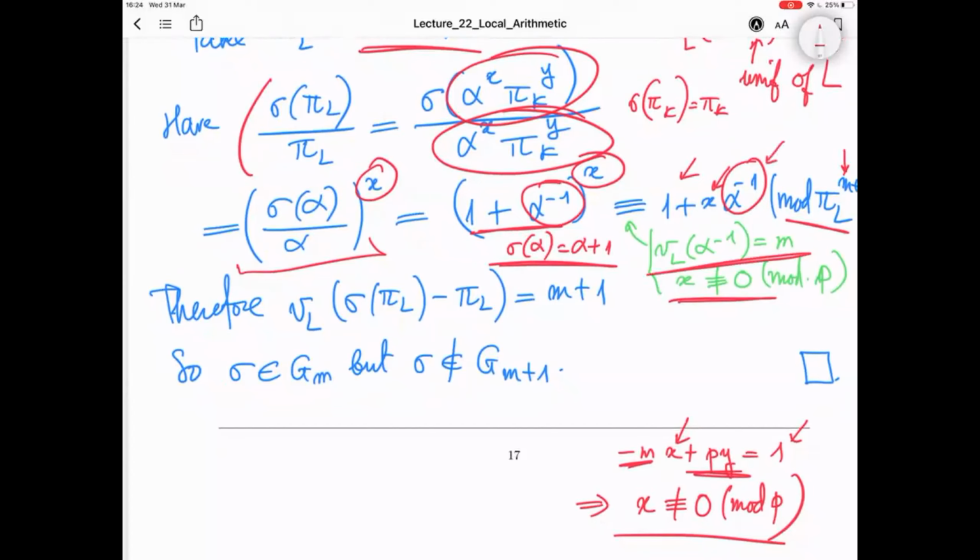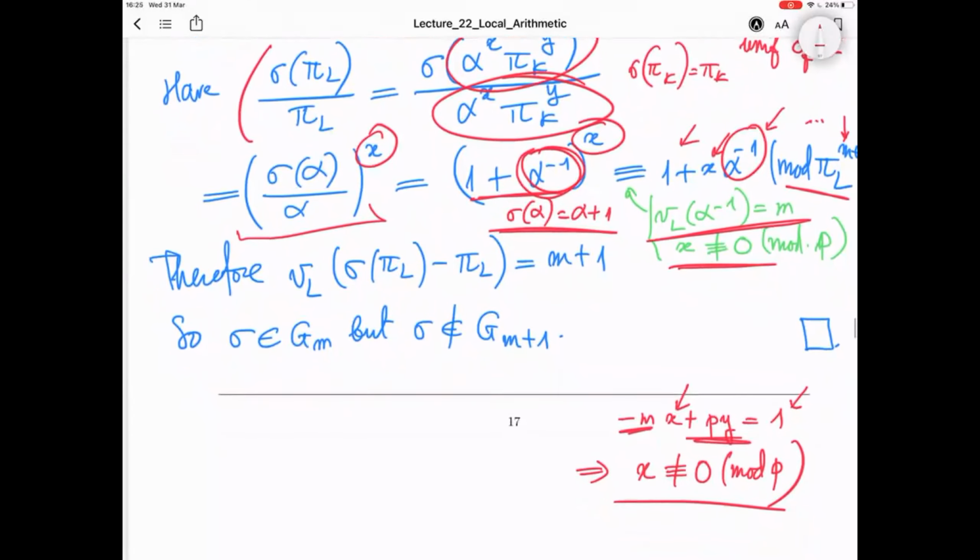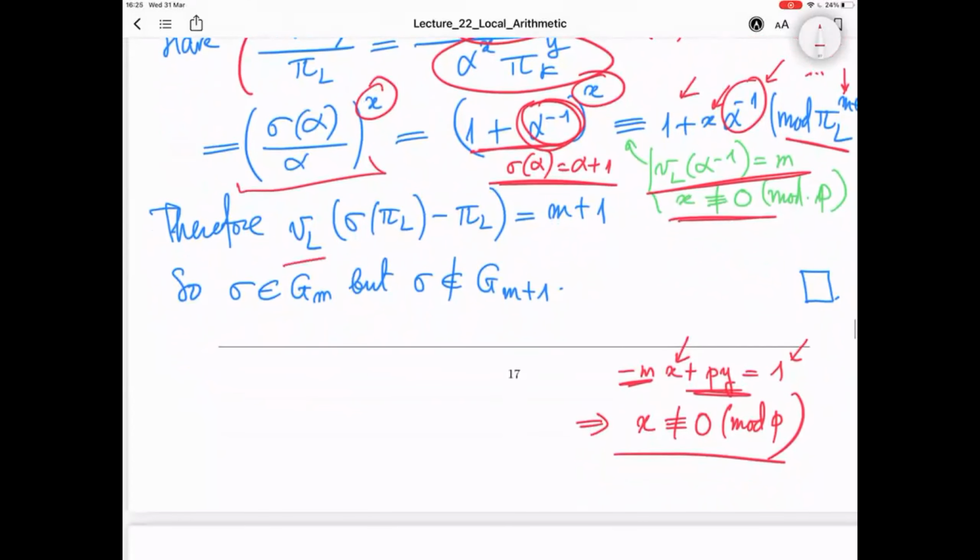If I look at the next terms, they'll involve the square of alpha inverse, so they will involve 2m and so on. So I can ignore those things. And therefore, V_L of sigma pi_L minus pi_L is m plus 1.